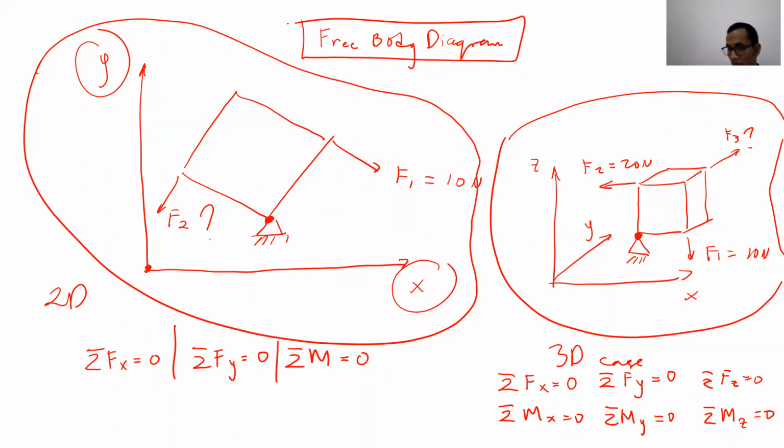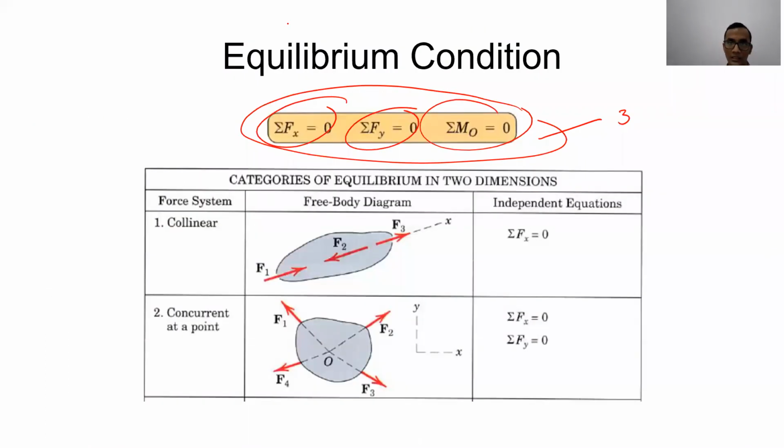Okay, now let's see some examples of free body diagram with certain force systems. Okay, let us see together. The first example here is a free body diagram of a stone with a collinear force system. What is a collinear force system? It means that all the forces are happening on the same line of action.